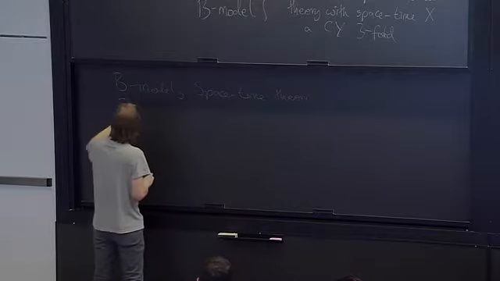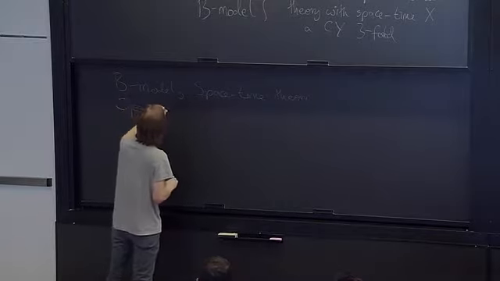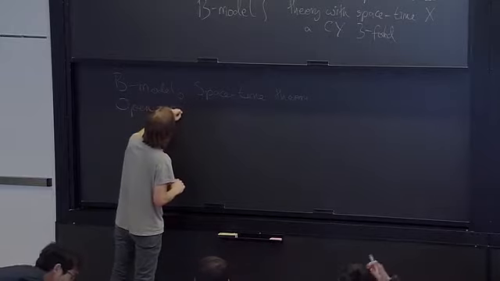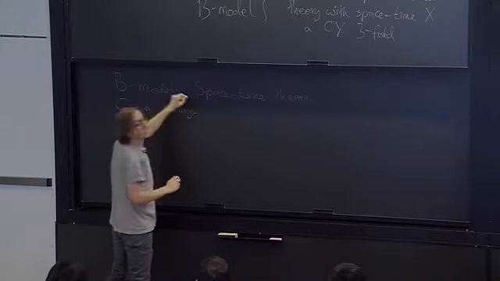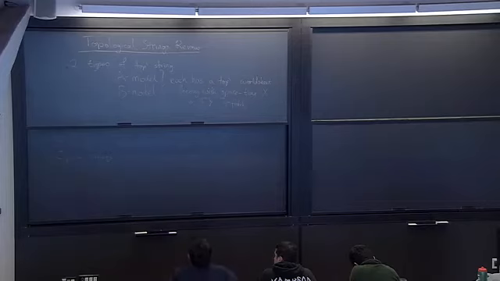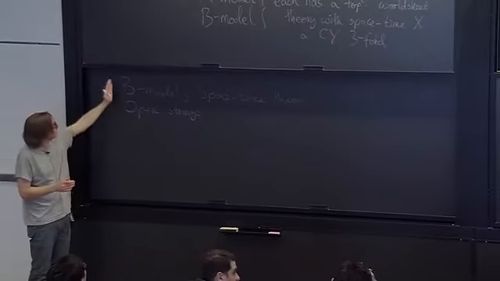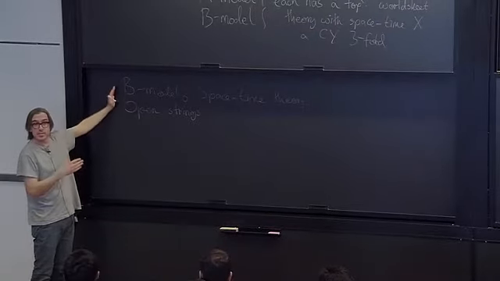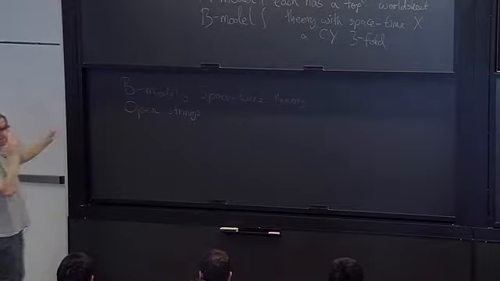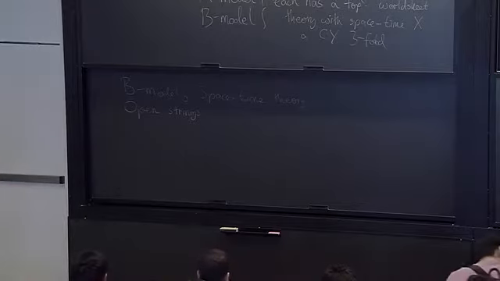Like in most string theories, there's both open strings and closed strings in the B model. So for a little while today, I want to focus on the space-time theory for B model open strings. And this will lead us to some fun gauge theories we can play with and analyze holographically.